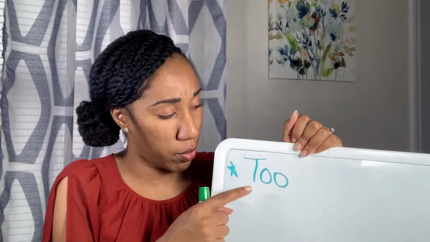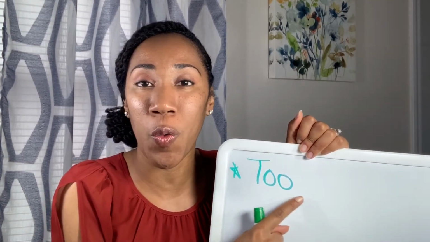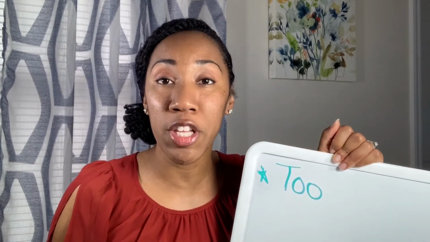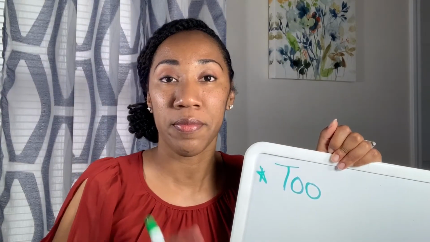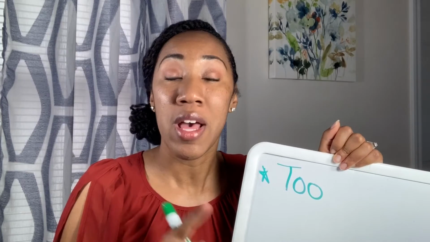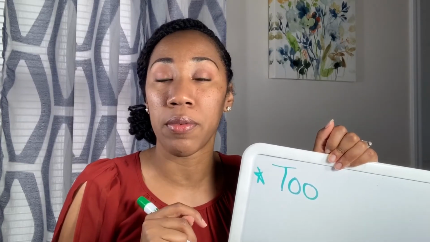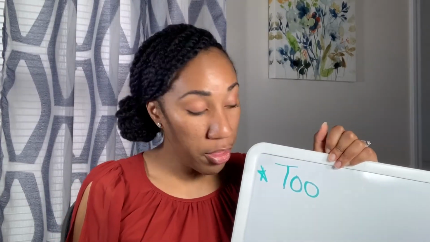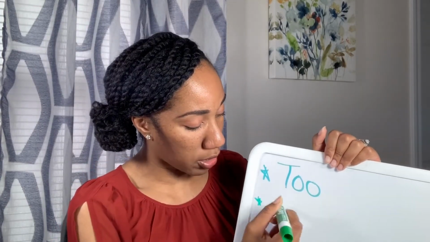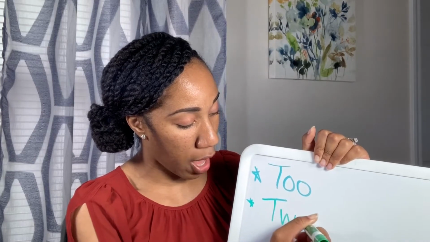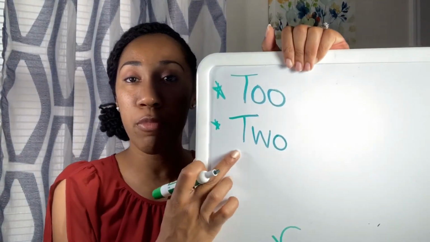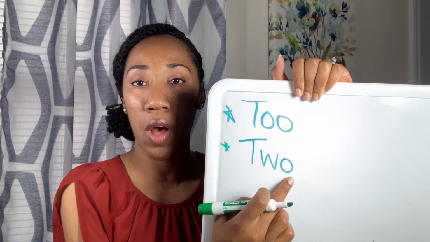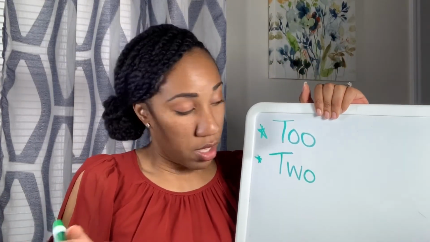Or if my brother and my sister are going to the store and I want to come with them, I'll say, can I go with you too? Everyone right now, spell the too that means more than enough. TOO. Spell the too that means also. TOO. Okay, the other two is the number word. We talked a lot about number words when we were doing our place value unit in math, and we know the number 2 is spelled TWO.